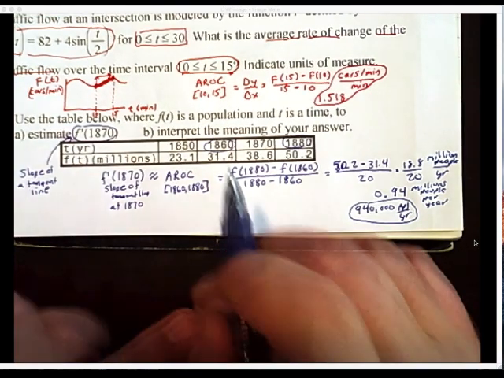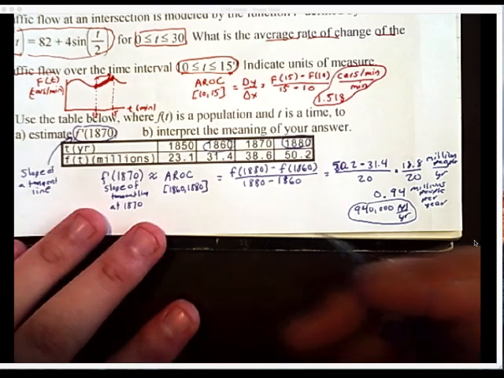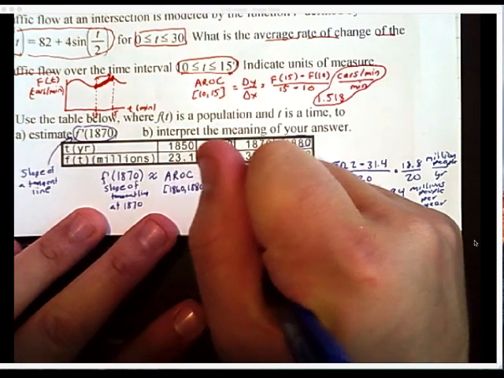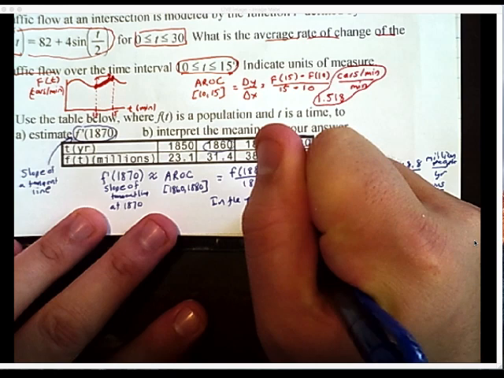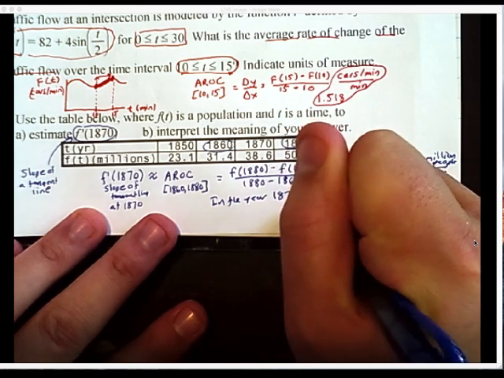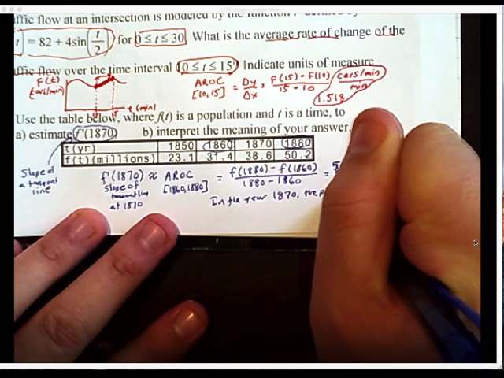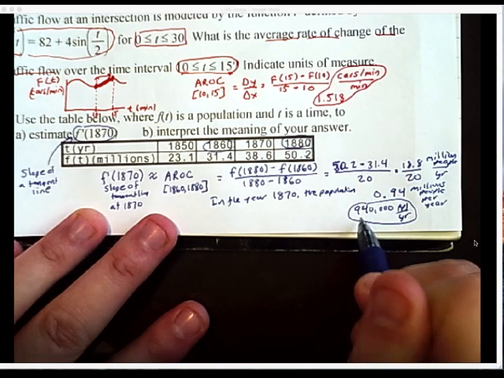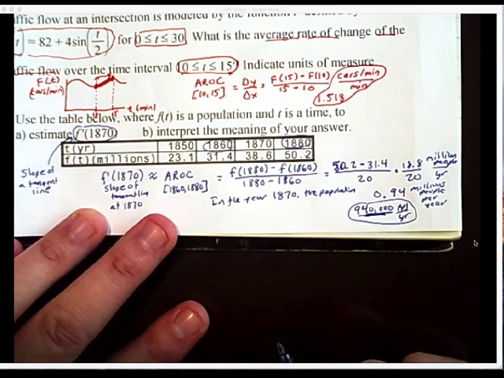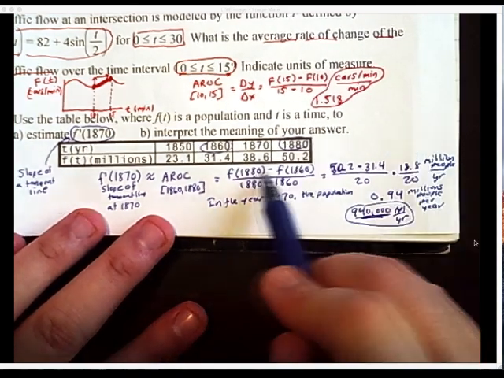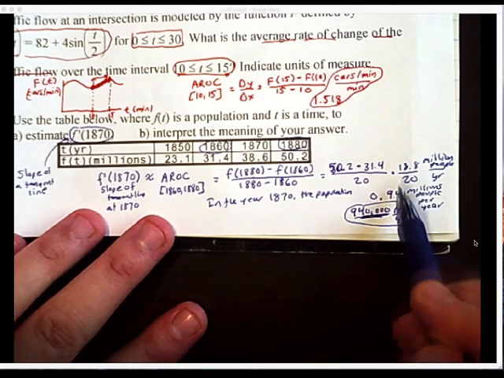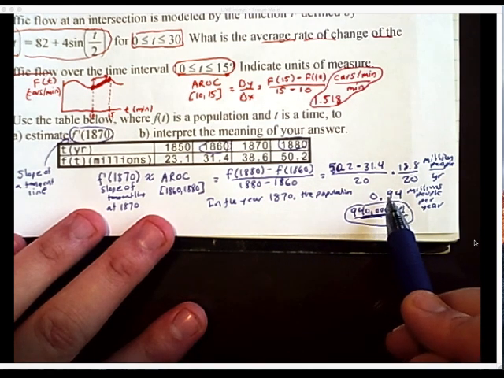Now interpret the meaning. In the year 1870, the population, think about this, this number is positive, which means it's growing. The slope between these 2 points gave me a positive value. 0.94 is a positive value.